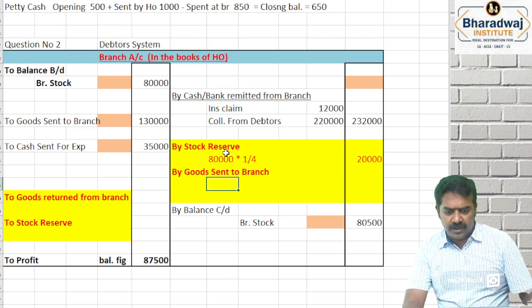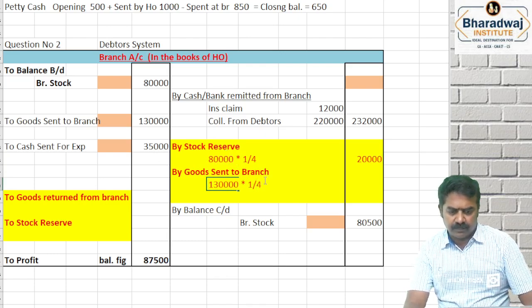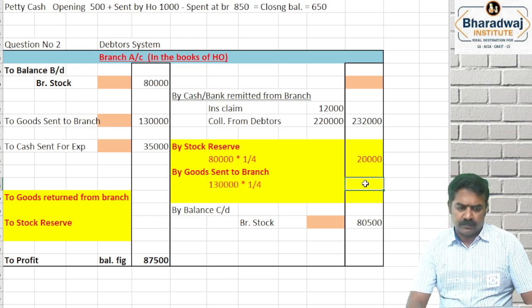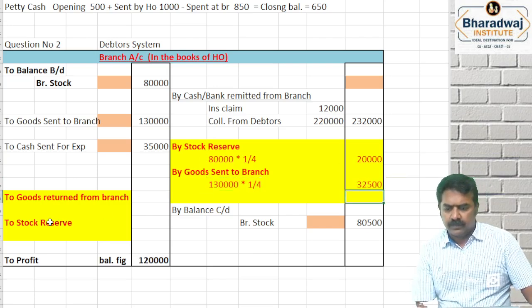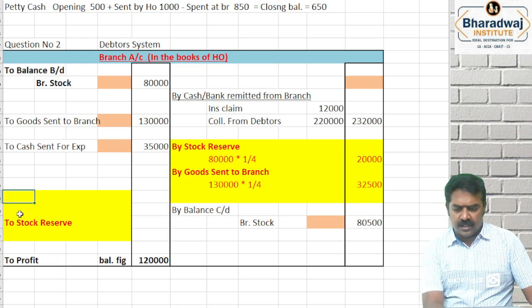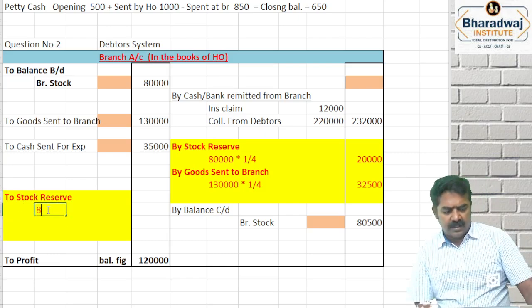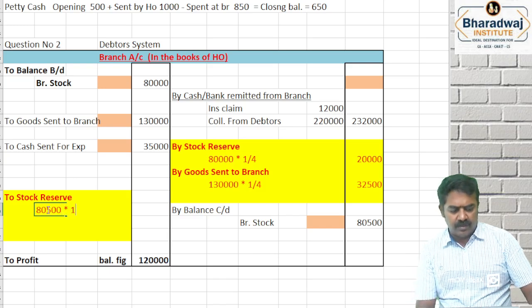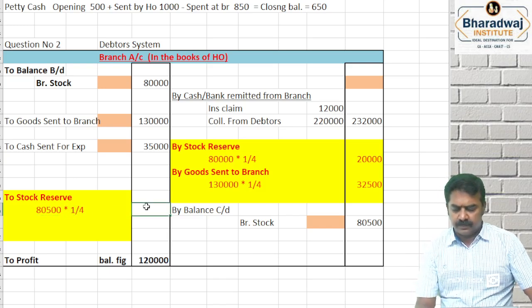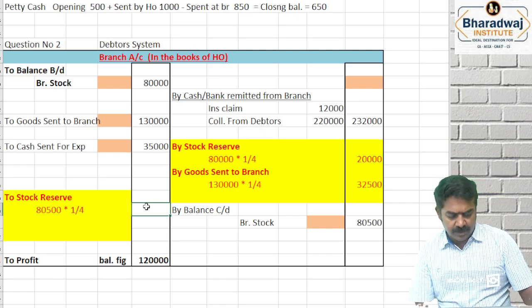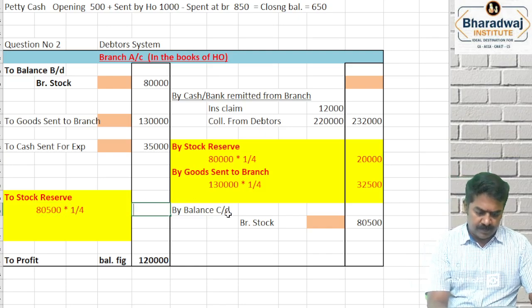Then on the goods sent to branch, 1,30,000 into 1/4. Then on the goods returned, there is no goods returned. On the closing stock, what is the stock reserve? 80,500 into 1/4.